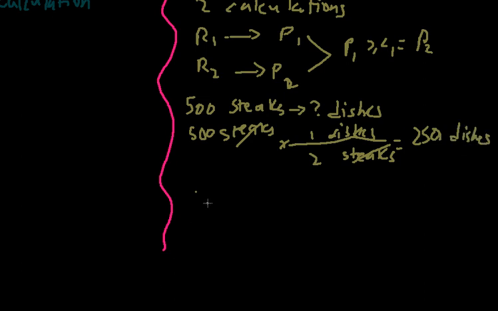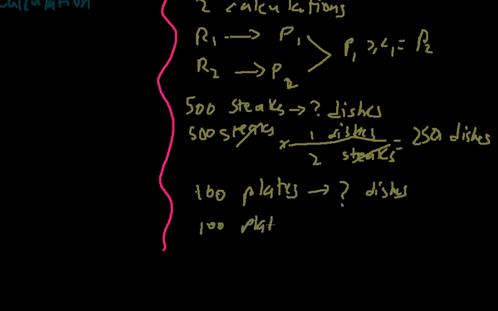Now we have to take 100 plates and convert them to dishes. We multiply by plates, and we know that it takes 1 plate to make 1 dish.